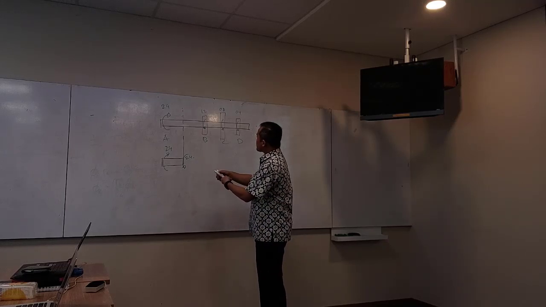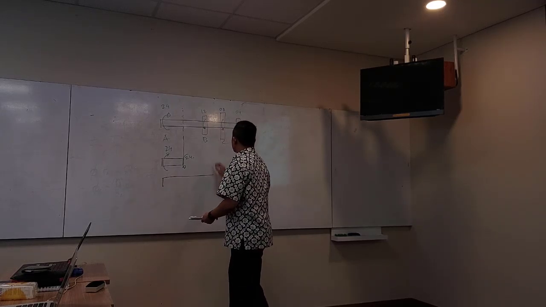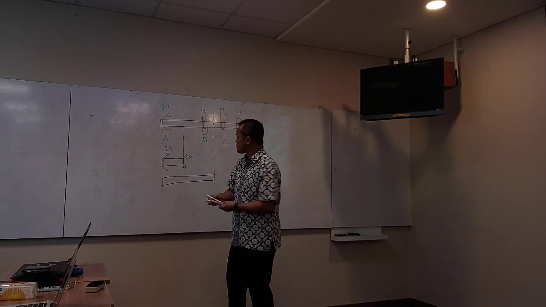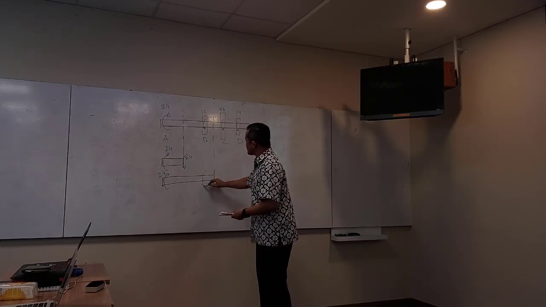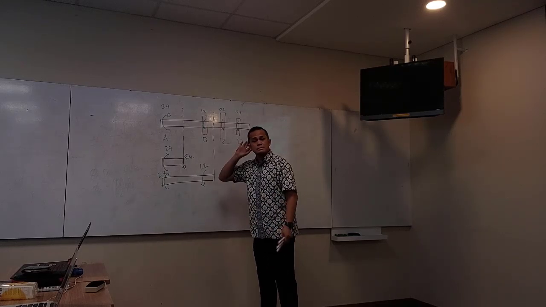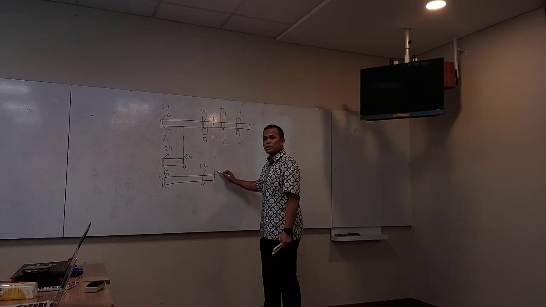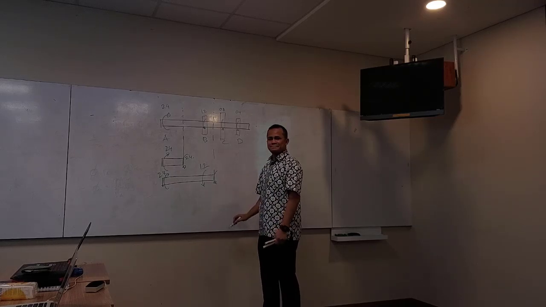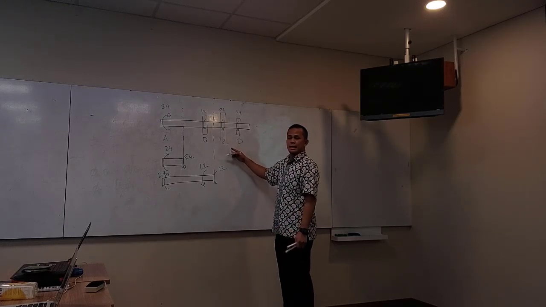What is the internal torque in BC? 1.2. What about CD?